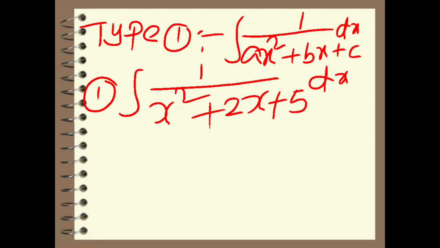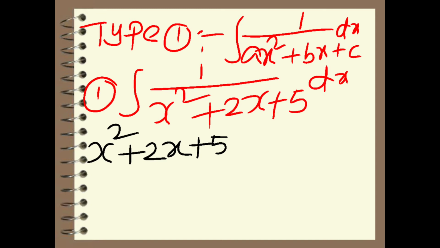Let us see. So here first I am taking the denominator expression, which is x square plus 2x plus 5. Okay students, so observe here, what is the x square coefficient here? Yes, exactly 1 only.